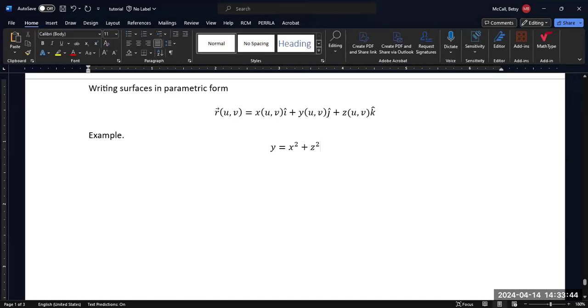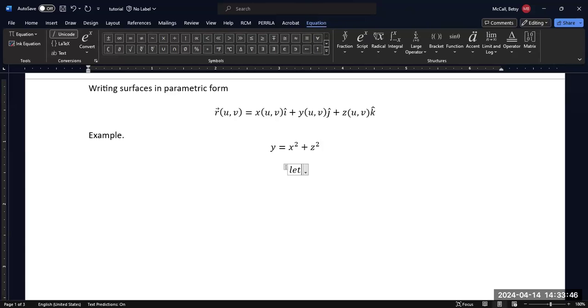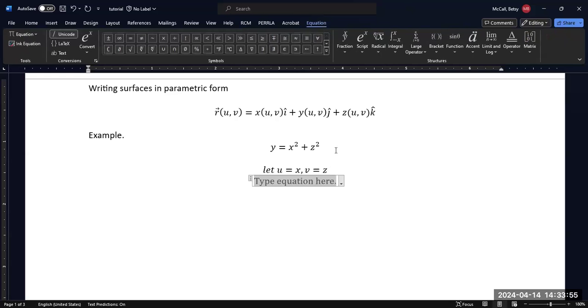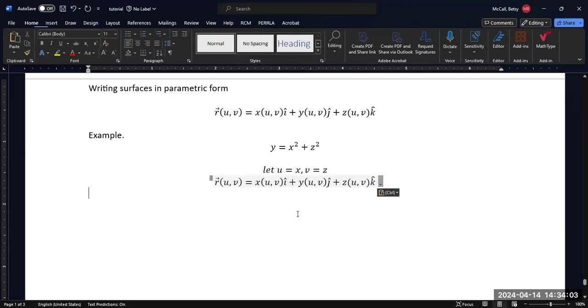So what we would simply do is let u equal x, and let v equal z, and then for our y coordinate, we would simply plug in our y in terms of now u and v.